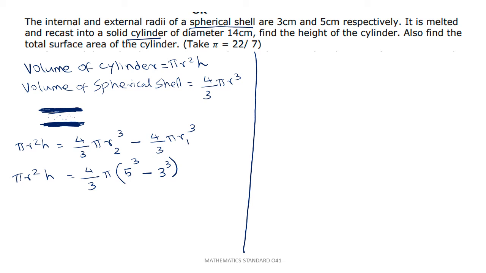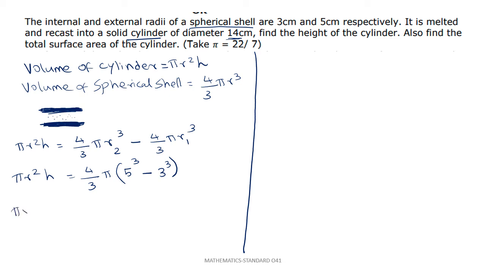Okay. So we need to find h from this. What is the radius given? For the cylinder of diameter 14 centimeter, the radius will be 7 centimeter.